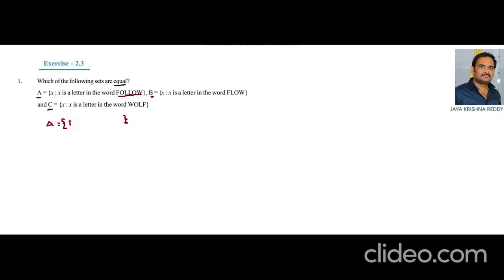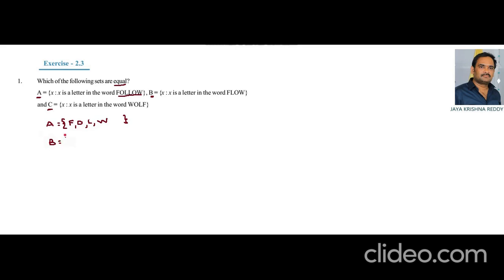That means A equals to F, O, L and L, second time it is there in the word, but you have to write only one time, and O is also already written, and now we have to write W. So these are the letters of the word follow.